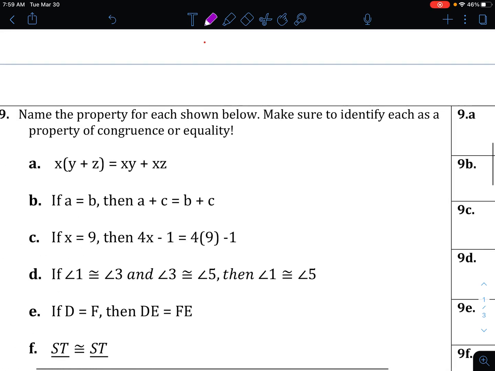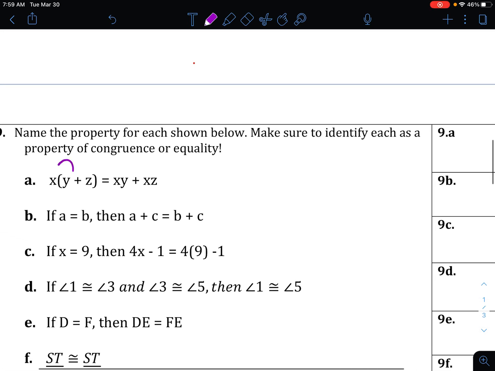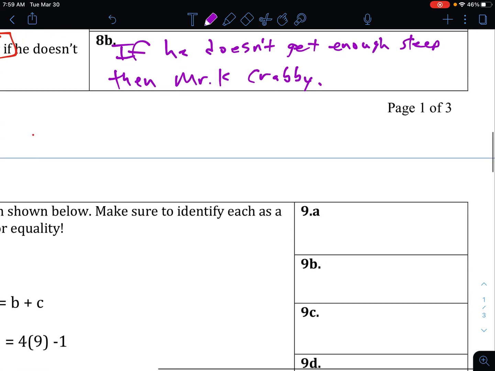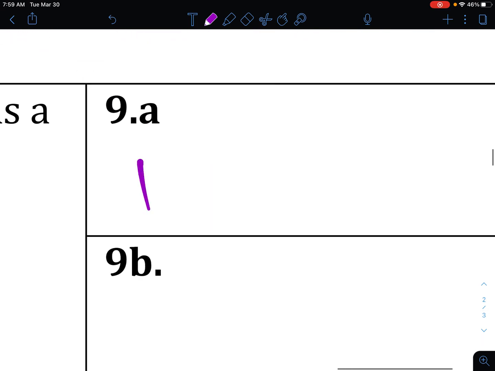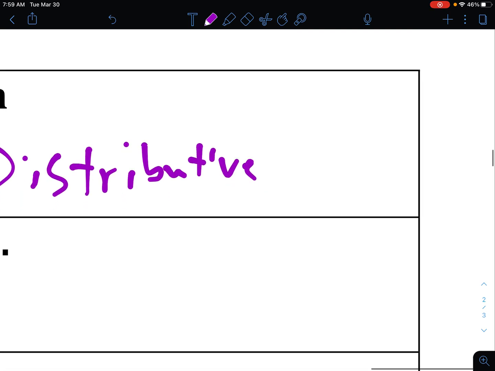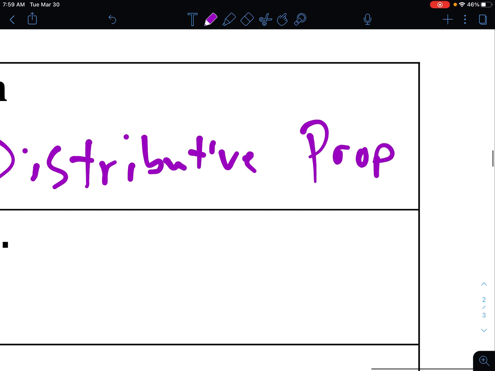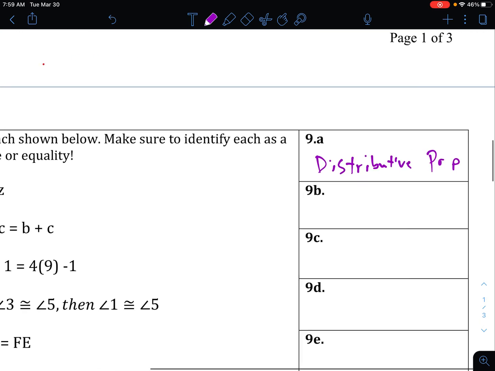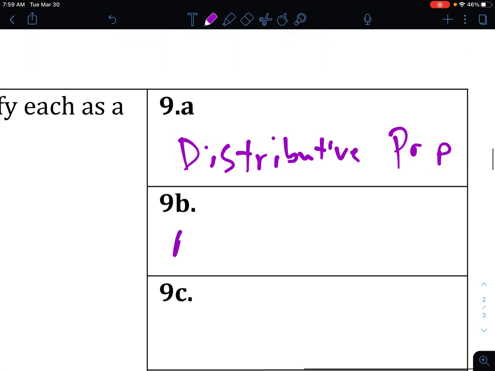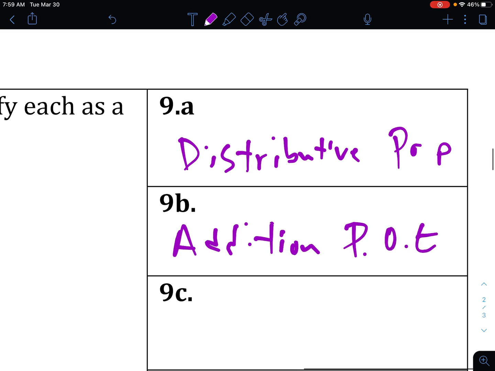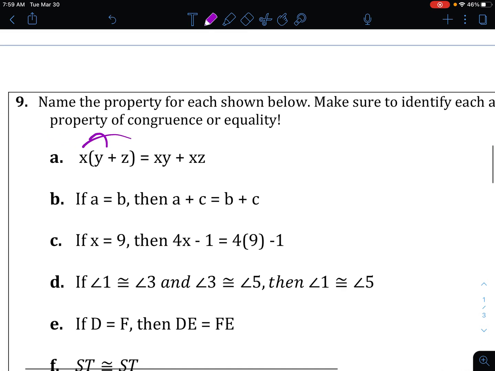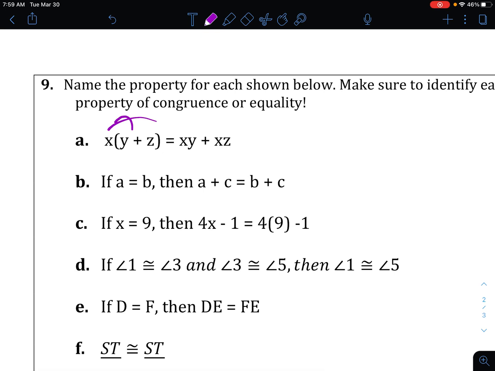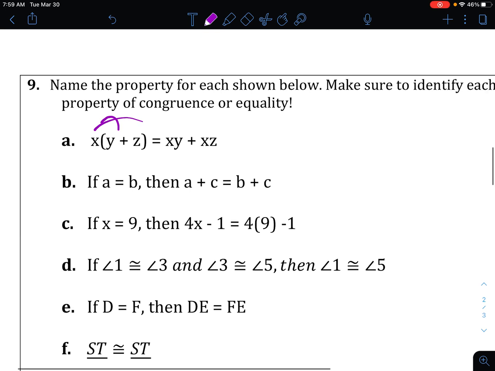All right. Now let's name the property. Well, there's parentheses, and they had a dive bomb, so that's the distributive property. If A equals B, then A plus C equals B plus C. That's the addition property of equality. C, if X equals 9, then 4X minus 1 equals 4 times 9 minus 1.